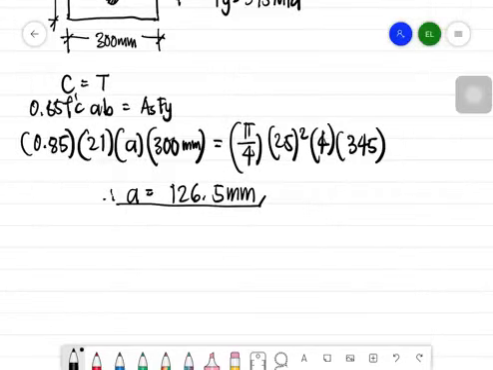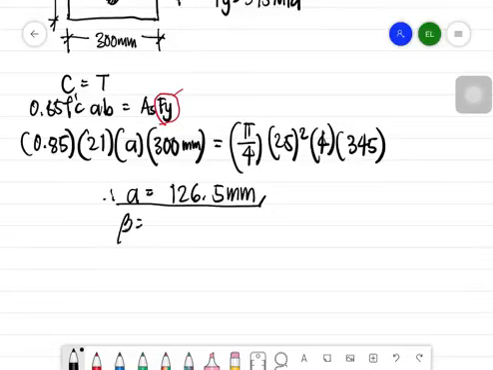Again, we assume that the beam is yielding, or the steel bar is yielding, since we are utilizing the yield strength fy for the calculation of a. Later we will know if it really yielded or not.